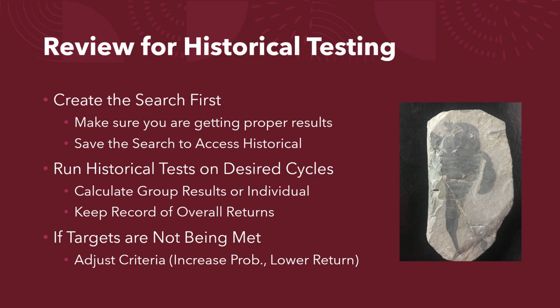You're going to have to adjust the criteria, maybe increase the probability above or below, depending on your strategy, maybe lower the return and lower the expectations to get to that higher win rate, perhaps that higher return rate with more successes instead of taking more losses by looking for something that's too aggressive in a given strategy.